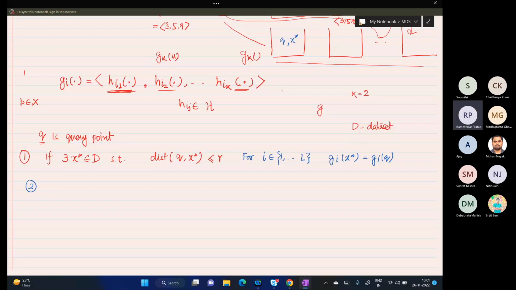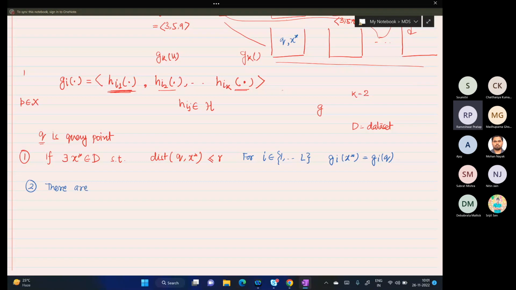So the first property says that if there is some point which is similar to Q, it should be mapped to the same bucket in which Q is mapped. And the second property is that there are not too many points whose distance from Q is large and which are mapped to the same bucket as Q. Right. So we'll just write that property.